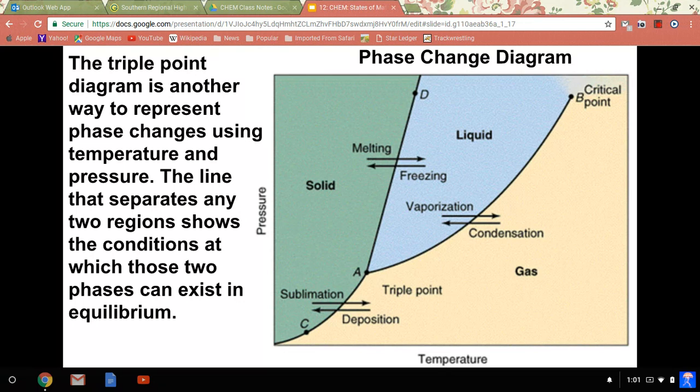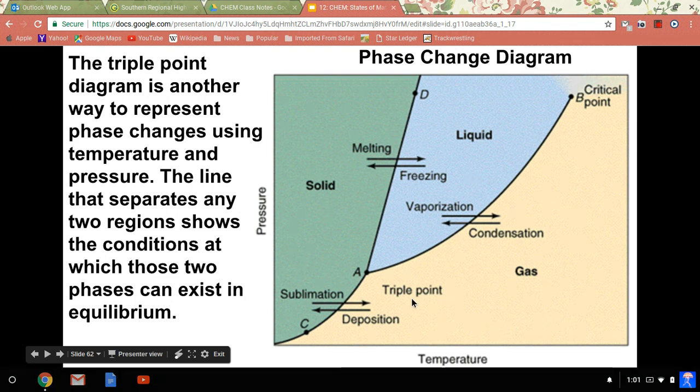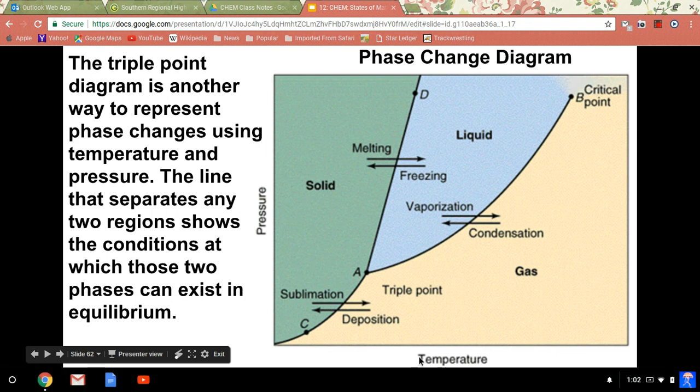This is another phase change diagram. This is called a triple point diagram. It's just another way to represent phase changes, but this time, instead of relating heat energy and temperature, we're relating pressure and temperature. The line that separates any two of the regions, so notice we still have solid, liquid, gas, shows where those phases can exist in equilibrium at that specific temperature and that specific pressure.